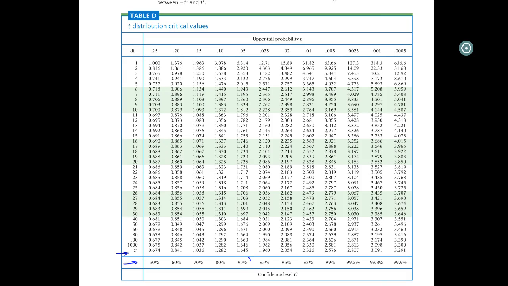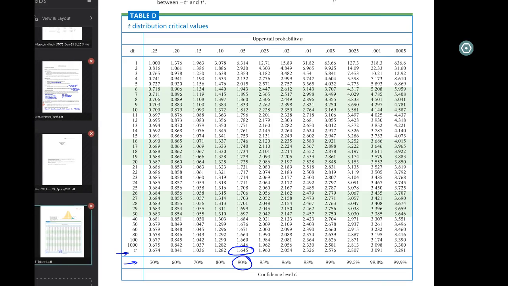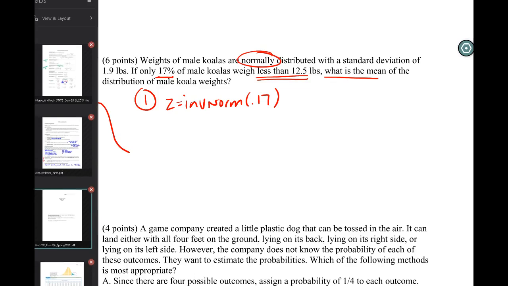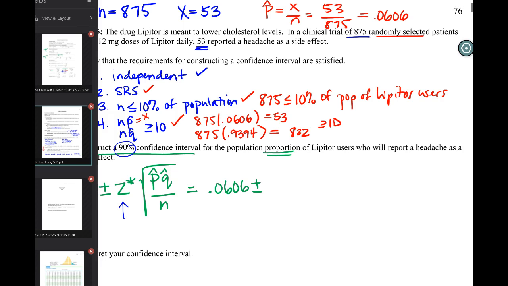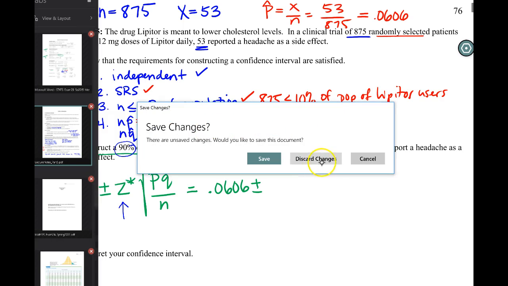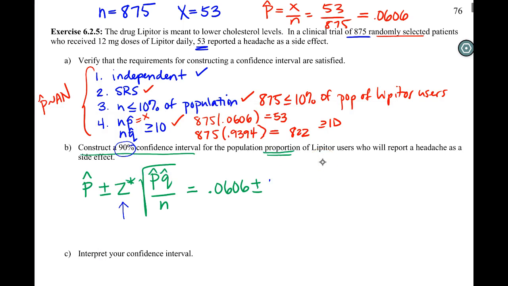So if we wanted to do a 90% confidence interval like this particular problem, we can see the corresponding z-star is directly above it. So that's what we're going to be using, 1.645.